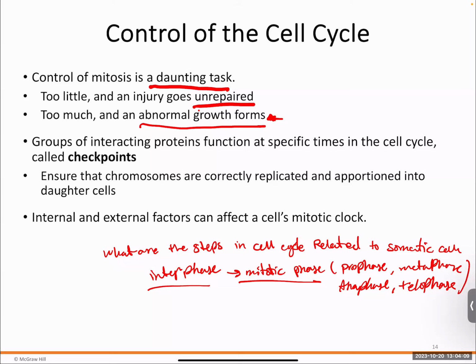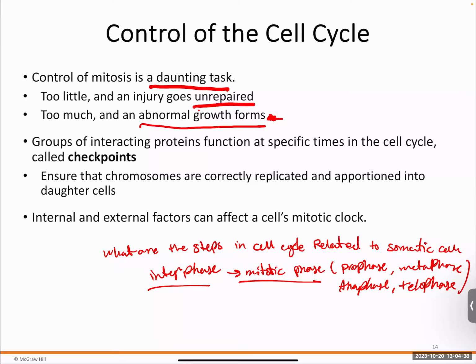Now, there are groups of interacting proteins that are activated during specific times within the cell cycle. These interacting proteins are basically the proteins that carry out the process of our checkpoints. In another sense, they're making sure that what we have accomplished so far is correct and there is no problem before we move on to the next step.